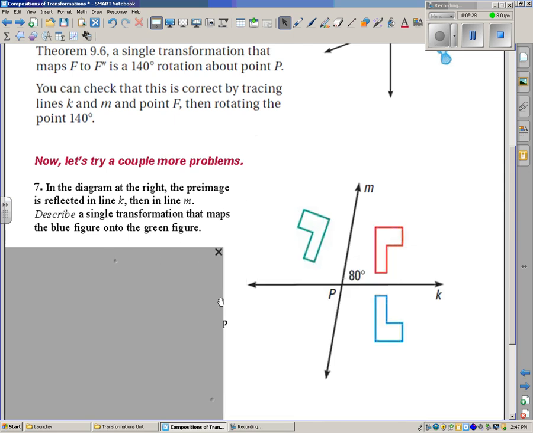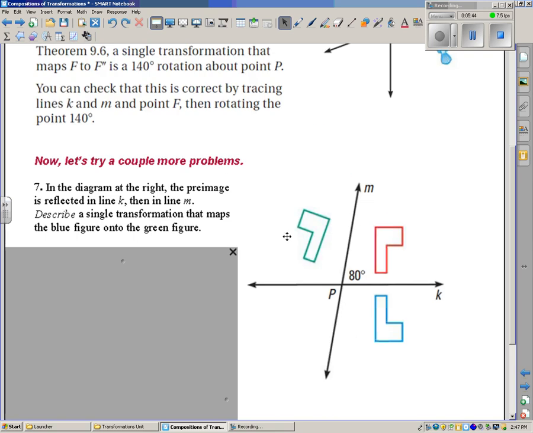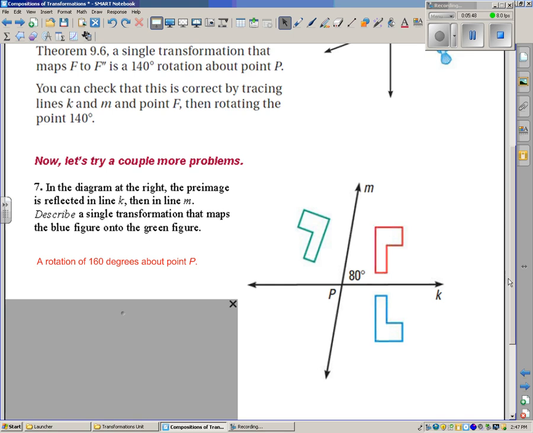We have an 80-degree angle. So when we describe a single transformation that maps the blue figure to the green figure, it's a rotation of 160 degrees about point P.